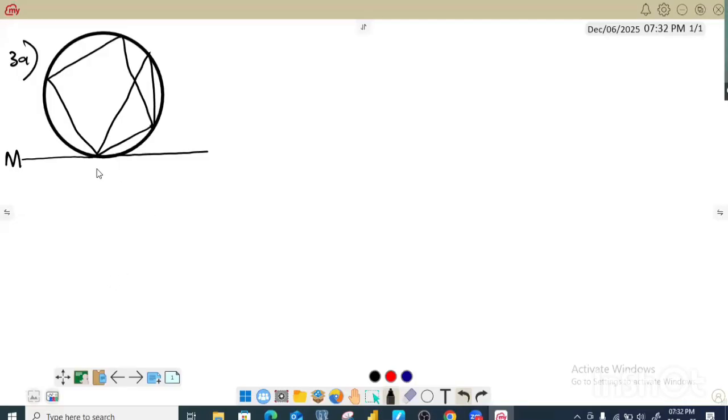VRM is 46, RTS is 28. On the tangent, what are the labelings? That point is R, so it will be MRS, MRQ?